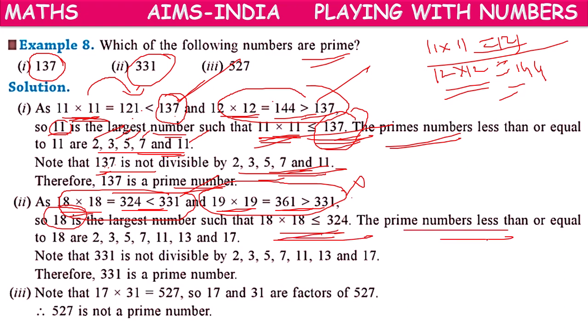Next, the prime numbers less than or equal to 18 are 2, 3, 5, 7, 11, 13, 17. This 331 is not divisible by any of these prime numbers, so it is a prime number.